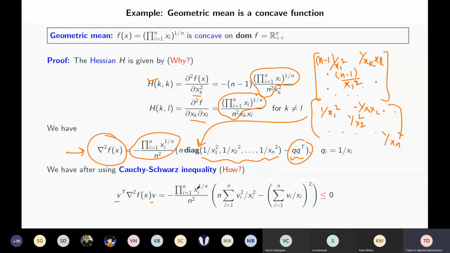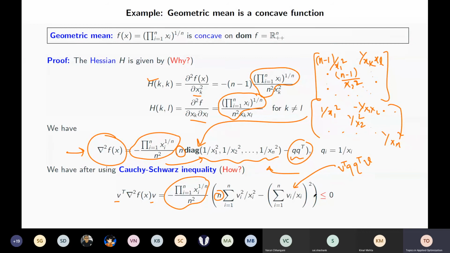This is a constant, so it stays out, and V enters from both sides. So you have the sum of Vi square by Xi square, where this n is the same n as here, minus, and doing the same as before, V transpose Q transpose V. Because Q is 1 by Xi, and V from both sides, this will be just (Q transpose V) square, which is this.